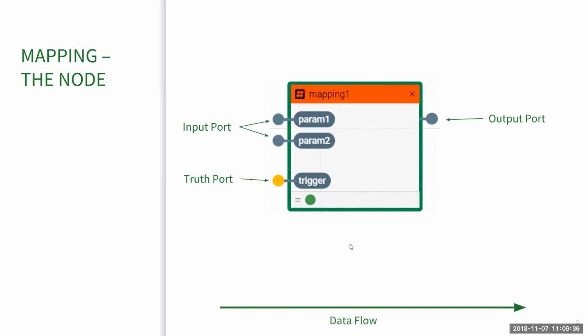Remember, the data flow in Next is always from left to right. So the input is always to the left, and the output is always to the right. When you combine more than one of these nodes, the order of calculation is always left to right.